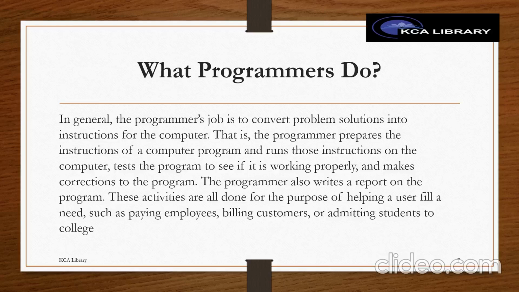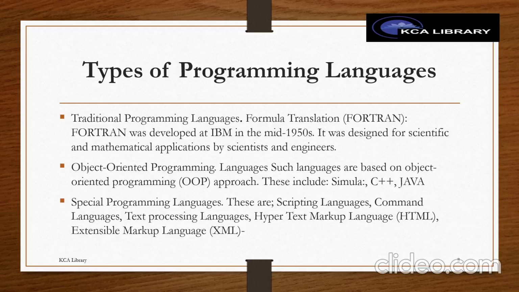The programmer also writes a report on the program depending on what solution it is solving. These activities are all done for the purpose of helping a user fill a need such as paying employees, billing customers, or admitting students to a college.